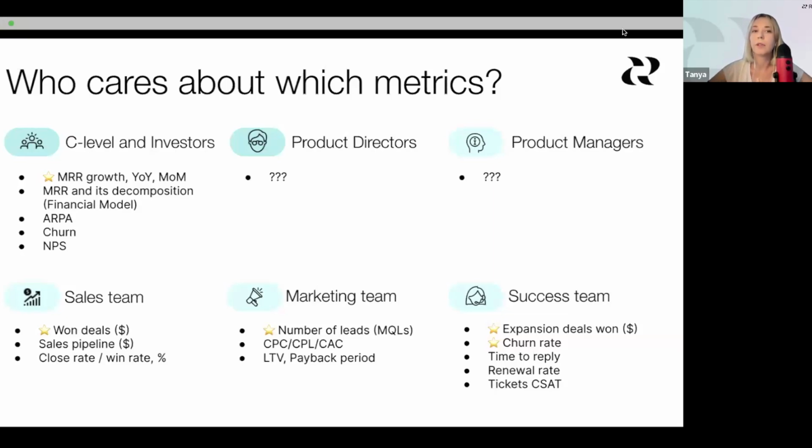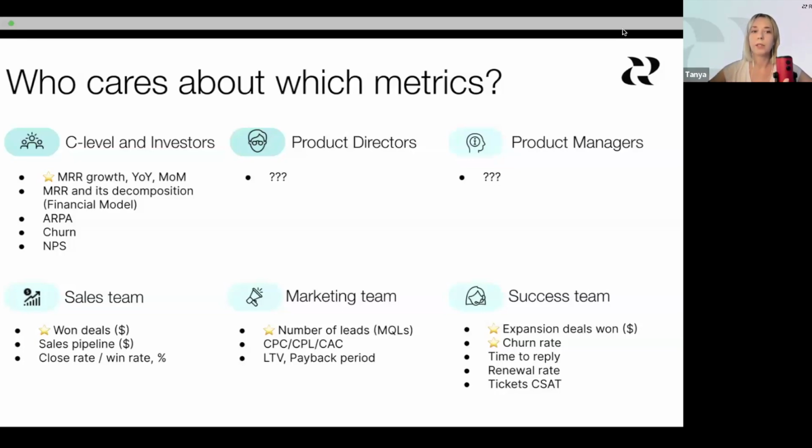These are very high-level metrics that allow the C-level and investors to understand if the product is moving in the right direction or not. They're usually benchmarking this, and they know whether your company is doing well on benchmarks or not. Thus they compare the companies in their portfolio and decide whether or not they will further invest into your company, for example. So it's a very high-level set of metrics.